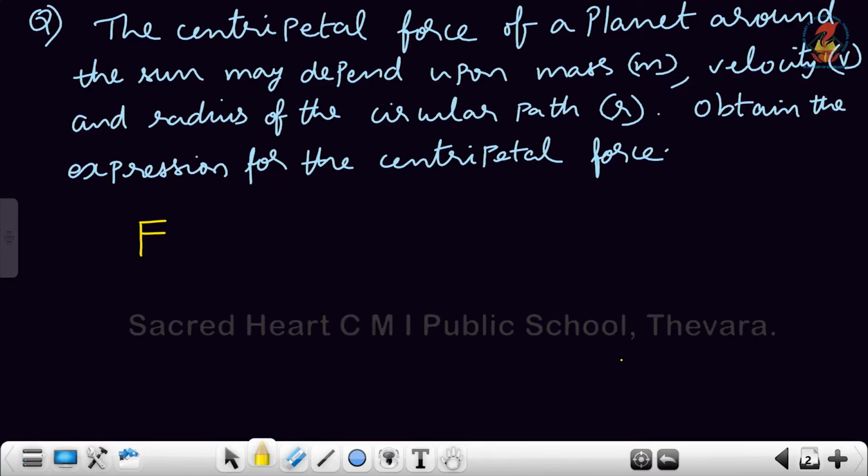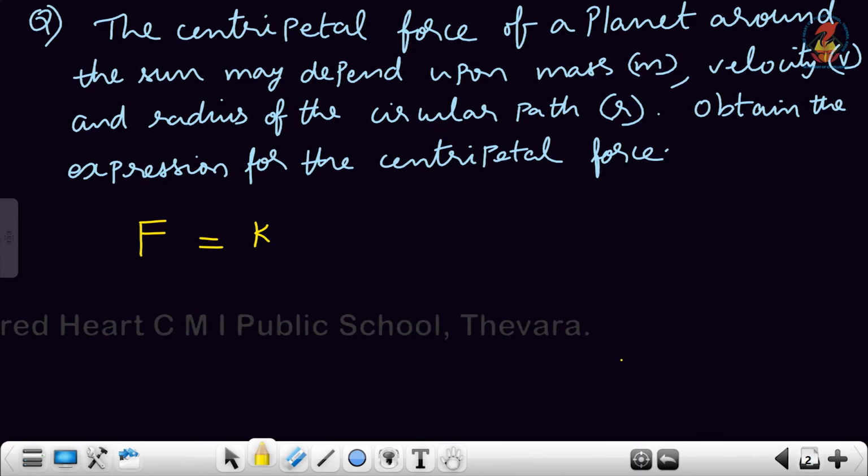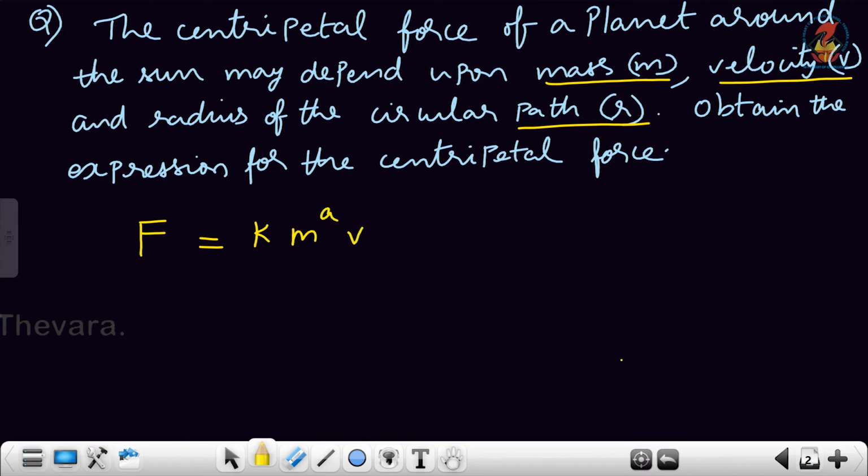So I will write F for force, some constant K. Which are the quantities given? Mass is given, velocity is given, radius is given. So M raised to A, V raised to B, R raised to C. Let this be our first equation.